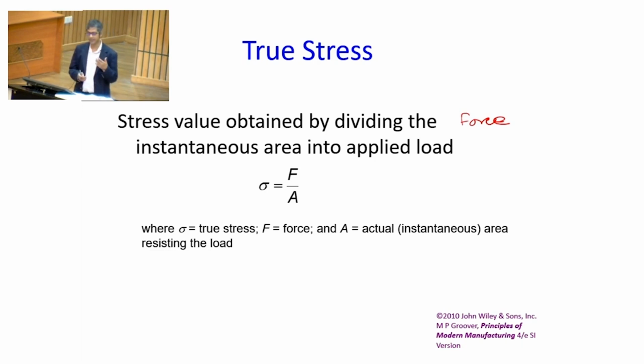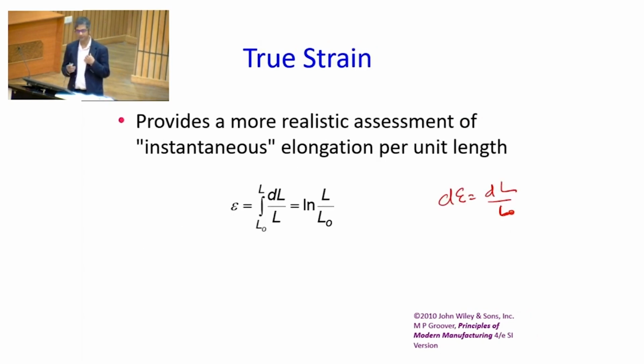True stress is defined as F by A, F is the force, A is the actual area resisting the load. Similarly, you can define true strain also, which is nothing but the integral of dL by L from L0 to L, and that is nothing but the log of L by L0, right. And this is how it is defined: the instantaneous elongation per unit length divided by the actual length is integrated.